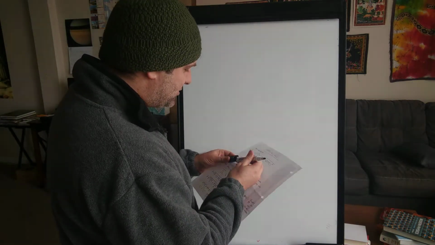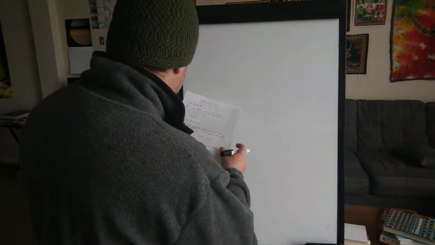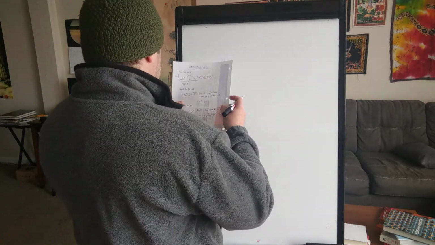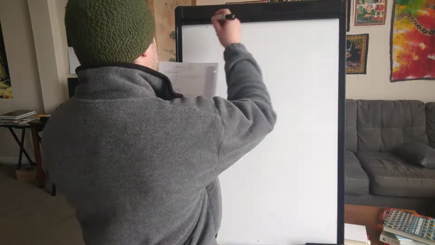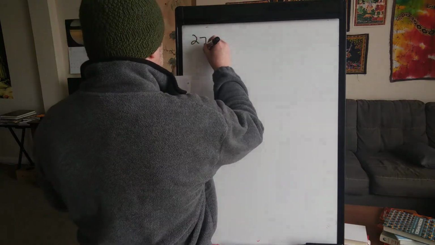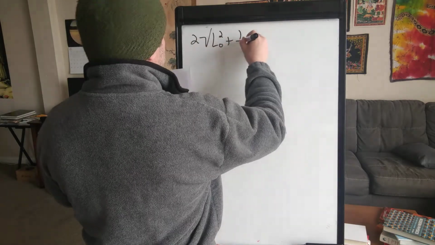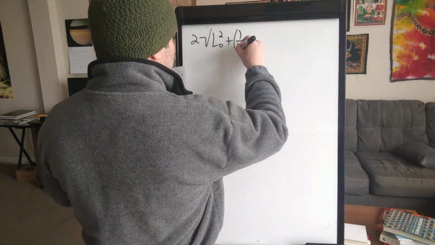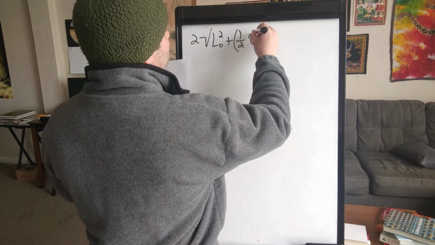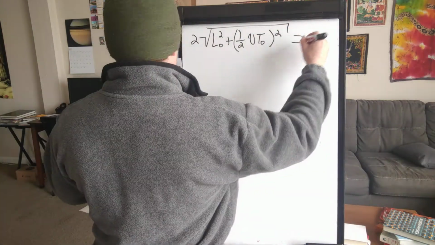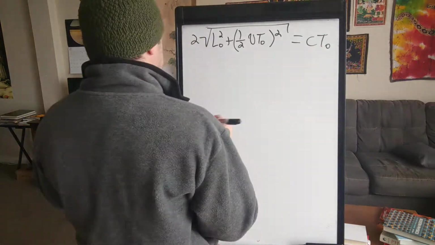So we equate those two equations that we had on the previous board, and we sub in that L naught. I'll just do both steps. So this was from the previous board: L naught squared plus 1/2 v t naught squared equals c t naught.